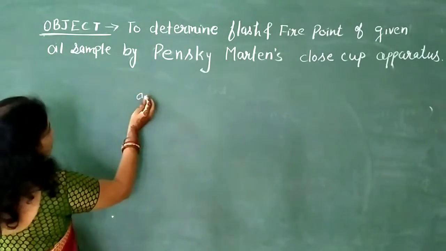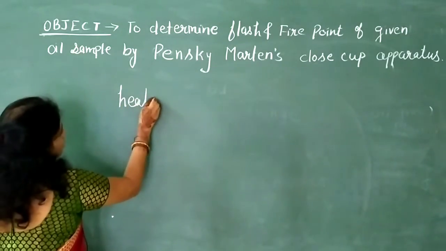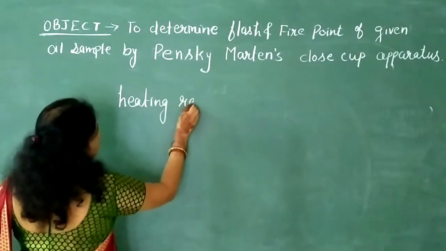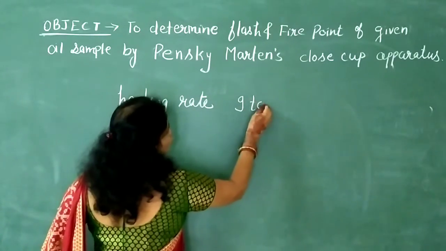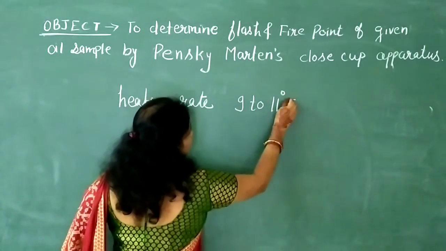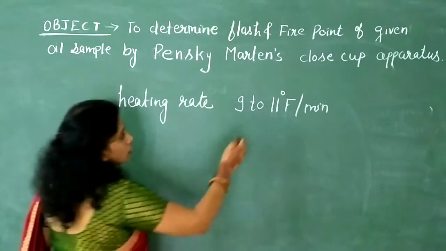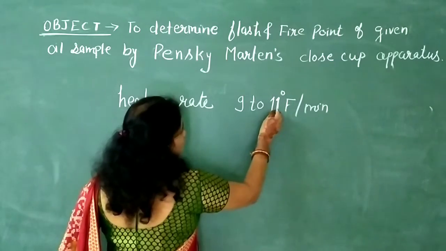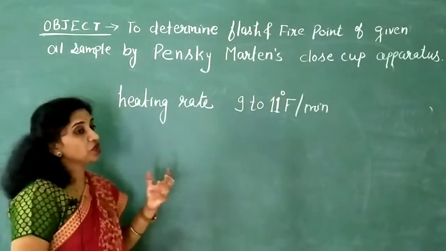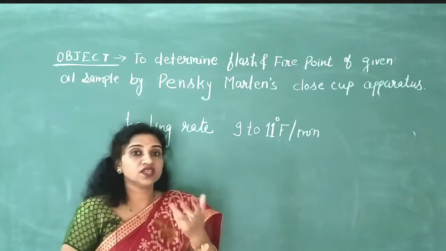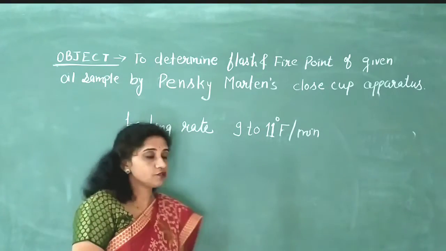The heating rate should be maintained at 9 to 11 degree Fahrenheit per minute. The heating rate should be controlled for getting a better result. And one more question: what is the temperature interval we should maintain for applying the test flame?